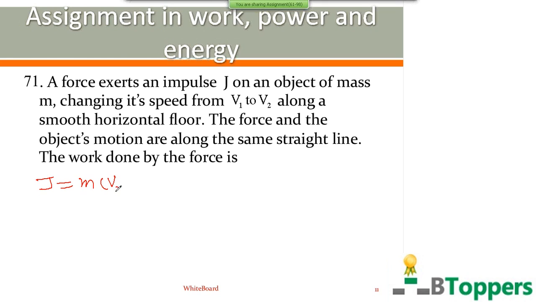Therefore, magnitude of the impulse is equal to difference in the magnitude of final and initial momentum here, because v1 bar, v2 bar, and J bar all are in the same direction here. So work done, I denote by W. Work done by the force is equal to change in the kinetic energy.